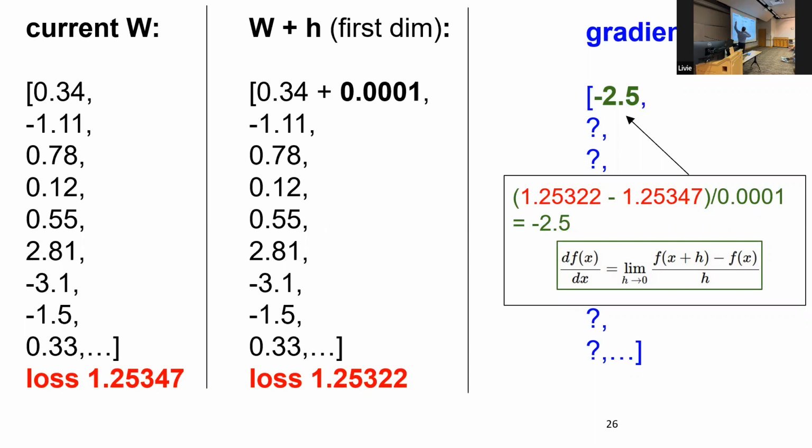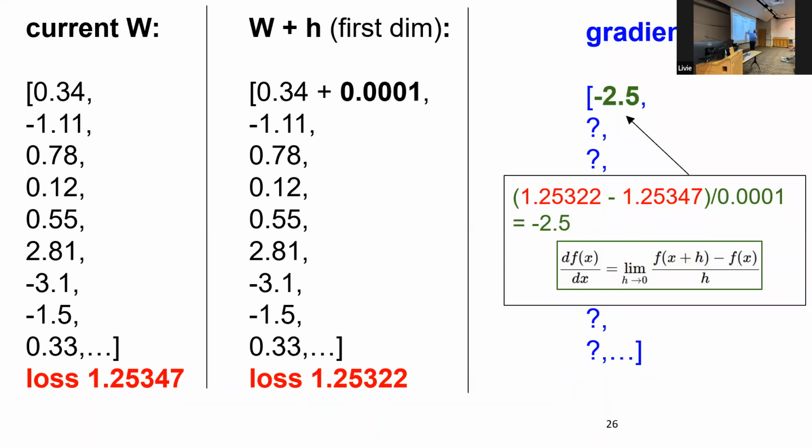So our current w is 0.34. We add a small step size h, and we then evaluate the function at that point.